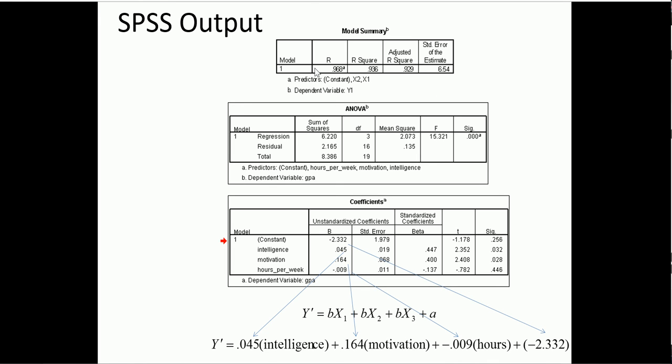So we can see in this hypothetical example, we're explaining a great deal, over 90%, roughly, was that 93, or I can't tell if that's a 3 or an 8, but roughly, let's say 94% of the outcome is being explained by our predictors. You can ignore for now the adjusted R squared and the standard error of the estimate. They're important, but we won't cover them in this lecture.